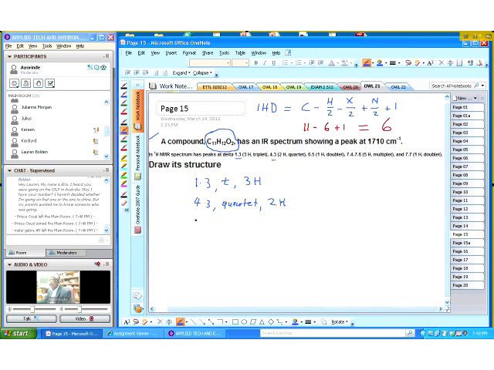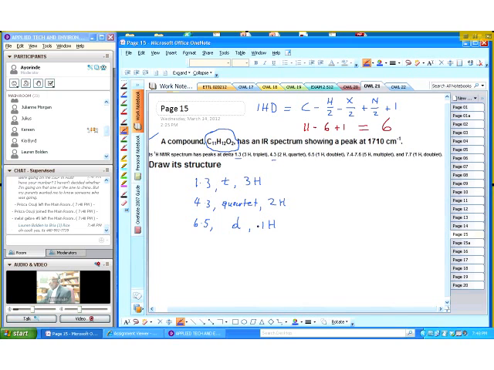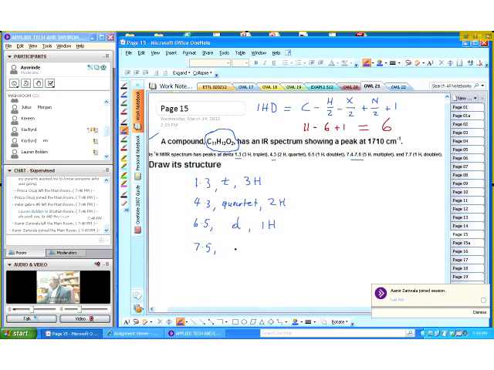Okay, so we're taking care of that. Then we have 6.5, doublet, 1 hydrogen. Then we have 7.4 to 7.6. Let's just call that 7.5, multiplet.